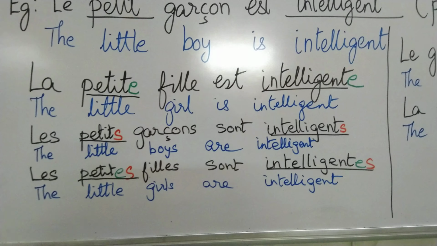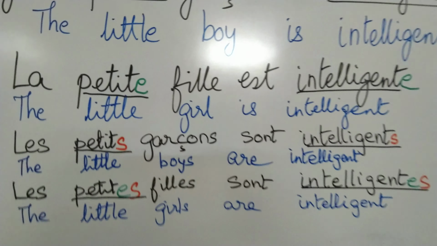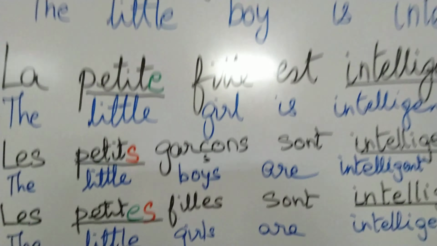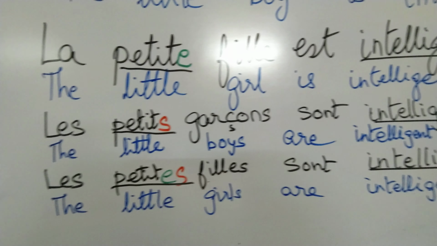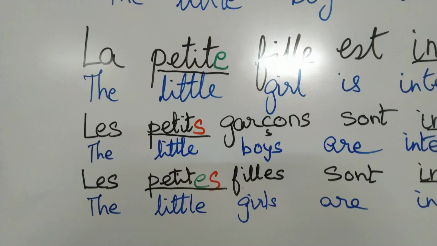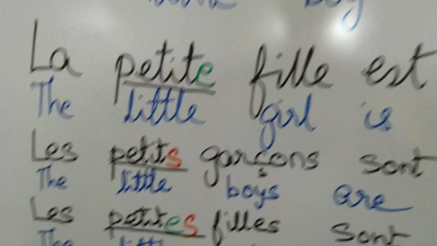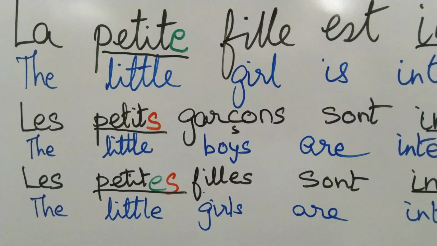The second example I have given you is la petite fille est intelligente. The little girl is intelligent, or the small girl is intelligent. The noun is fille, F-I-L-L-E. The noun fille is feminine singular. Now how do we know that this noun is feminine singular? By looking at the very first word. The very first word in the sentence will tell you that LA is always used before feminine singular nouns, so it makes the noun feminine singular.